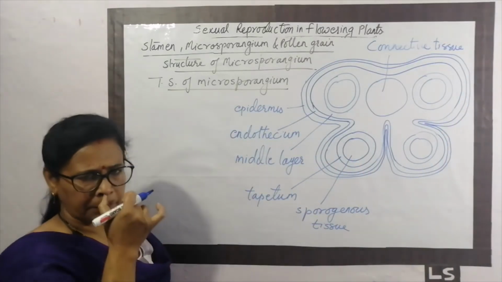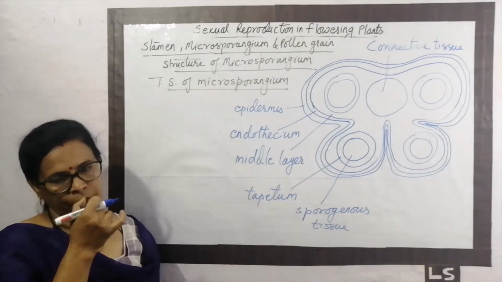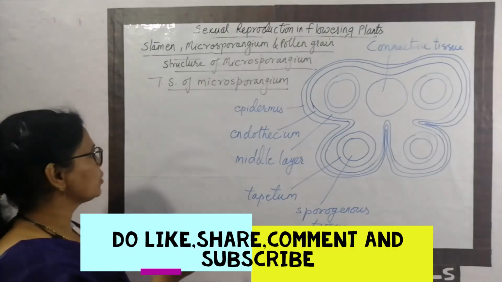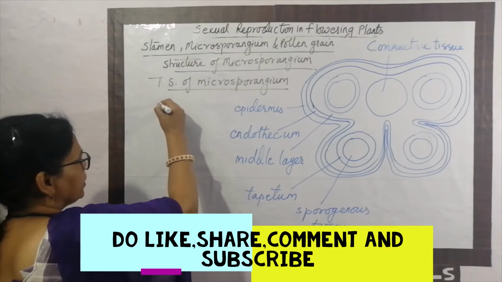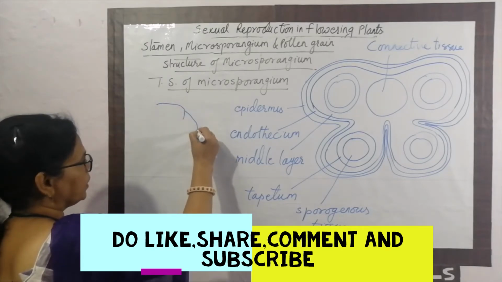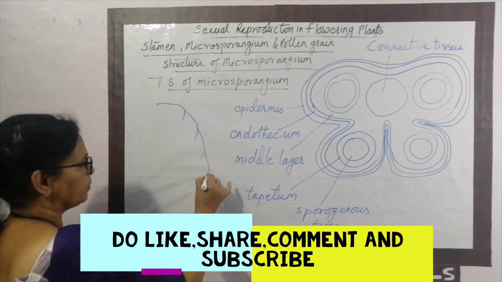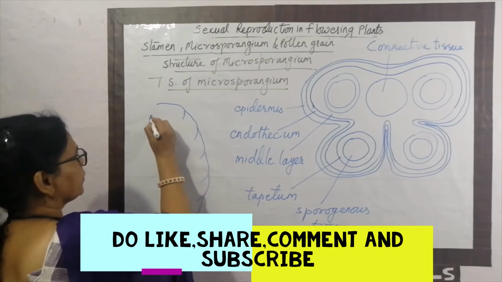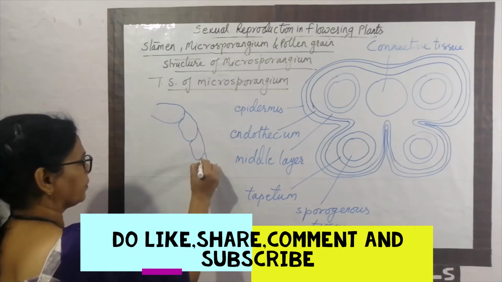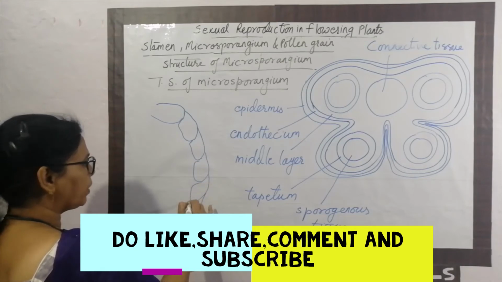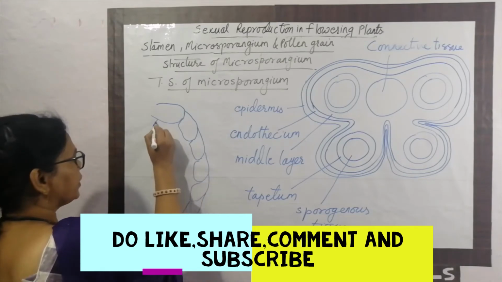This is the TS of the microsporangium. Okay, what is the TS of microsporangium? It is somehow circular in nature. The outer layer is composed of 3 layers.